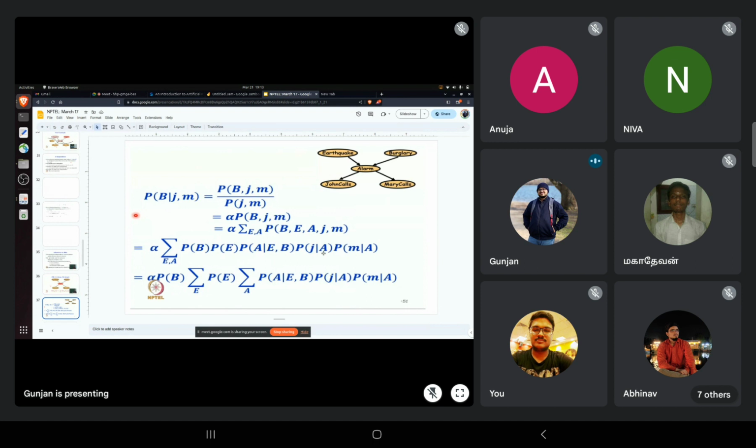So we just write it like J given A, and M is dependent only on alarm. So we write it as M given A, and then A given E comma B, and then P of E and P of B. That is how this entire thing is segregated.